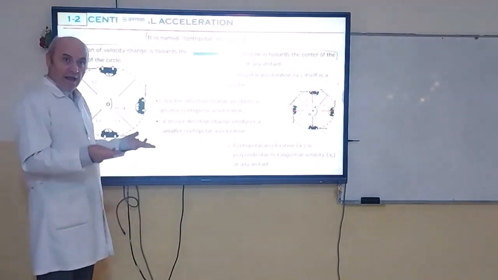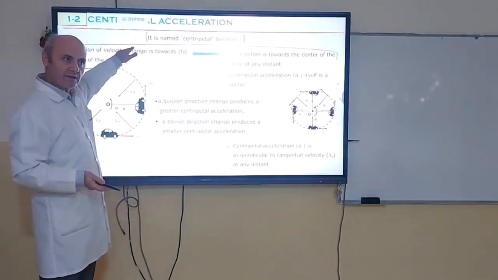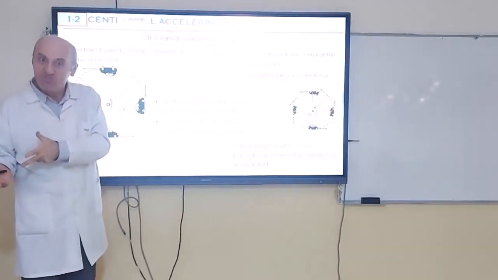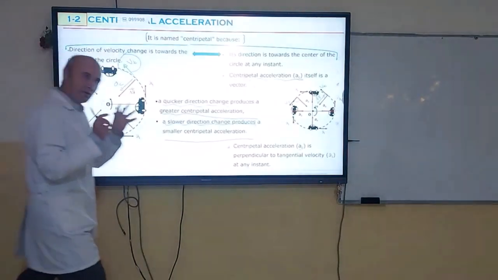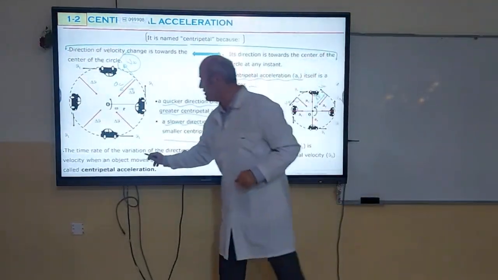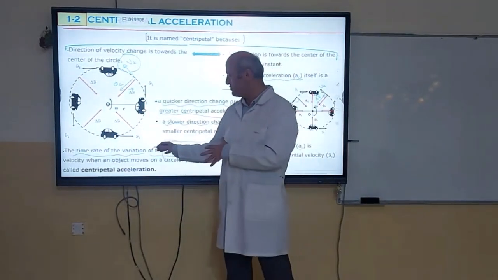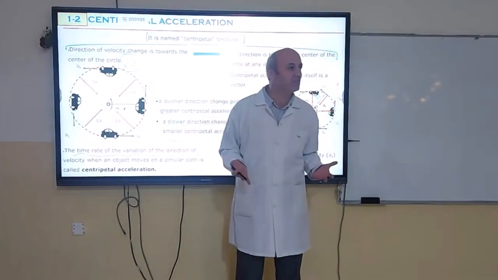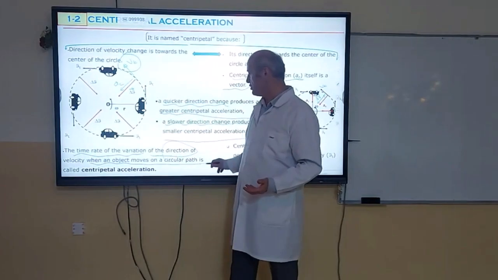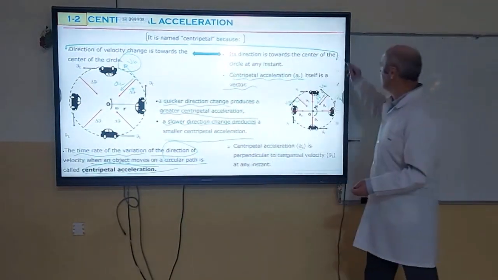It depends on how quickly the direction of the velocity changes. So the definition of centripetal acceleration is the time rate of change of direction, how quickly the direction is changing when an object moves in a circular path.